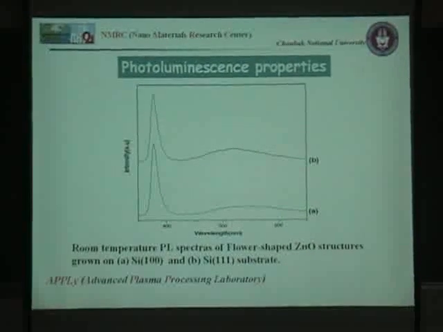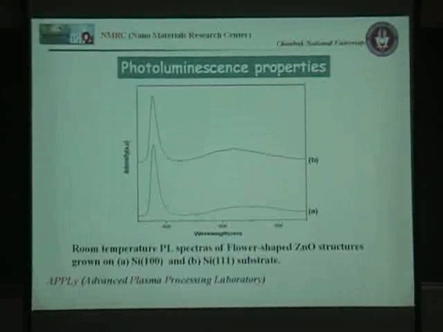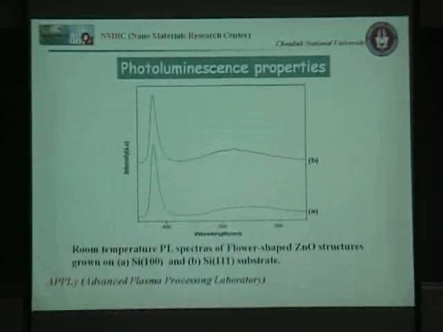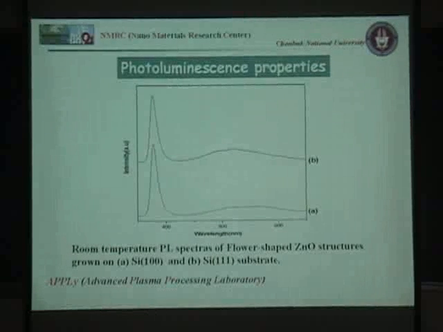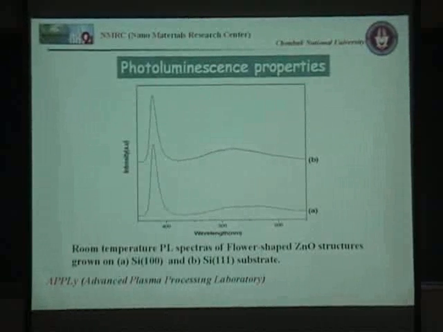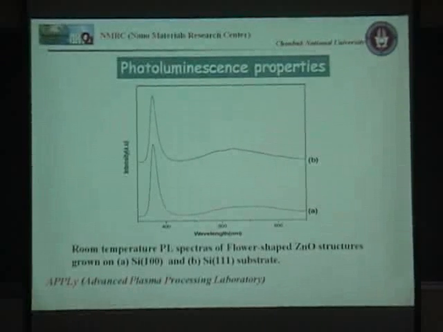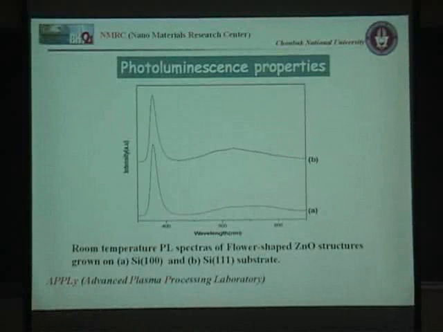We compare the room temperature photoluminescence spectra of flower-shaped structures grown on silicon 100 substrate and silicon 111 substrate. We got almost the same type of spectra in both cases: one near band emission in the UV range, and a deep level emission in the visible range.